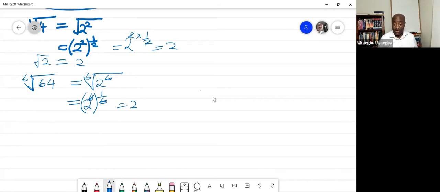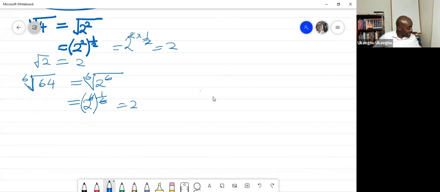As a matter of fact, currently, as we speak, when they say global pandemic and they are talking about coronavirus, the virus is essentially spreading in exponential form. So there is what is called exponential growth and exponential decay. We are going to come to that as time goes on, but we need to know how to represent numbers and scientific data in the form of exponents and in the form of radicals.